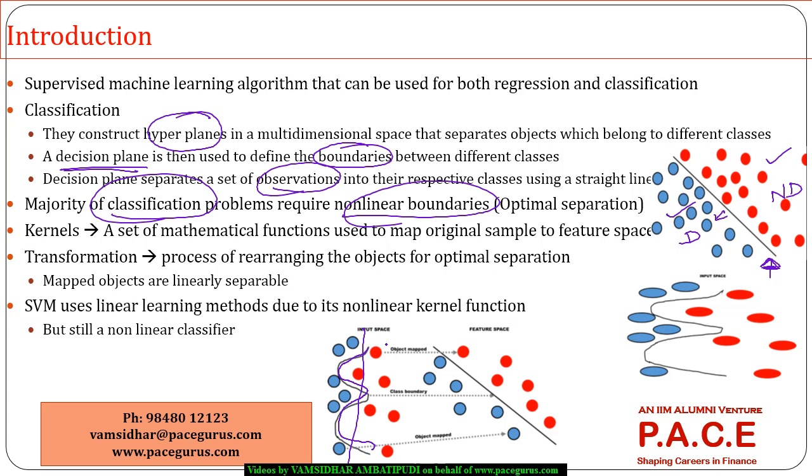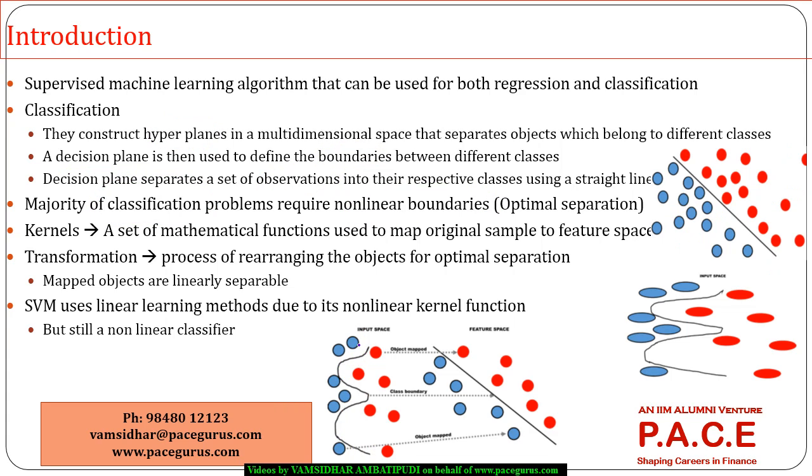Now, what happens when such a non-linear relationship exists between the values is, there is some kind of mathematical function, like logarithm or exponent. Some kind of mathematical transformations are performed on these observations, so that after executing that function, we get that they are linearly separated.